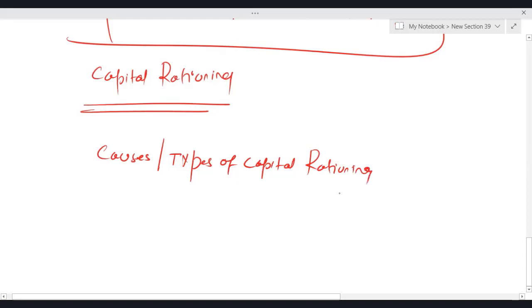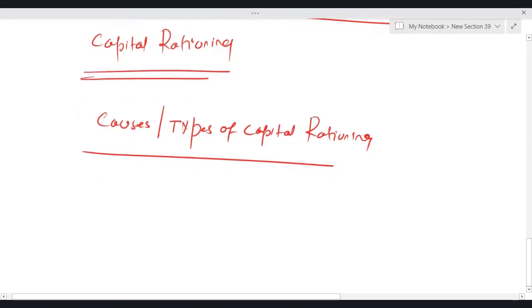Normally this is not the case, but only here both questions have the same answer. What causes the situation where the entity has insufficient funds and is unable to opt for all positive NPV projects? There are basically two types of capital rationing. One is soft capital rationing.